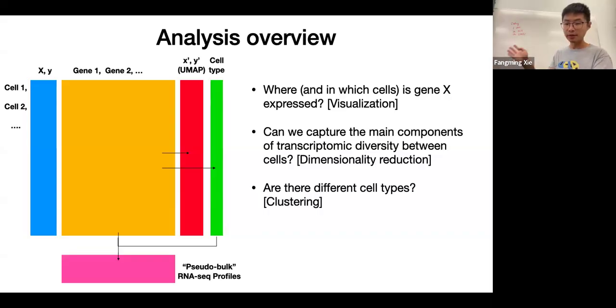And once you have cell type information, you could summarize the data in different ways. We were talking about putting a summary on each individual cell, but you could also summarize data on the other axis and ask, for each cell type, what are the aggregated profiles of gene expression? We call that a pseudo-bulk gene expression profile.